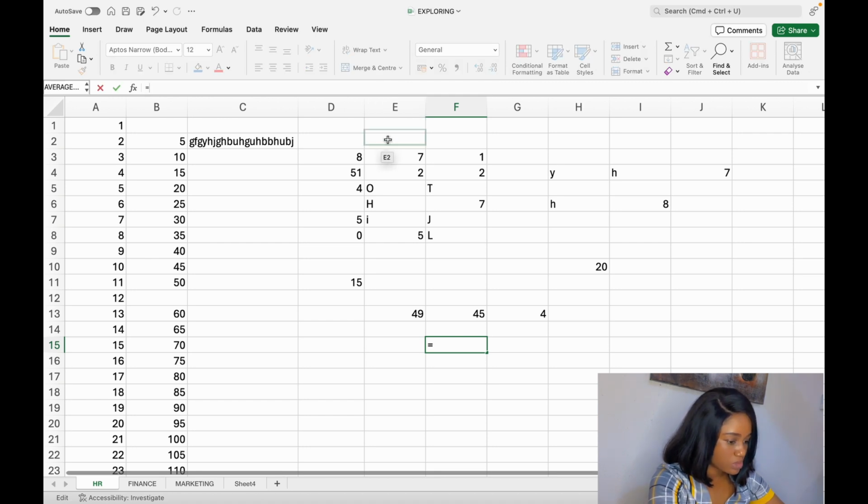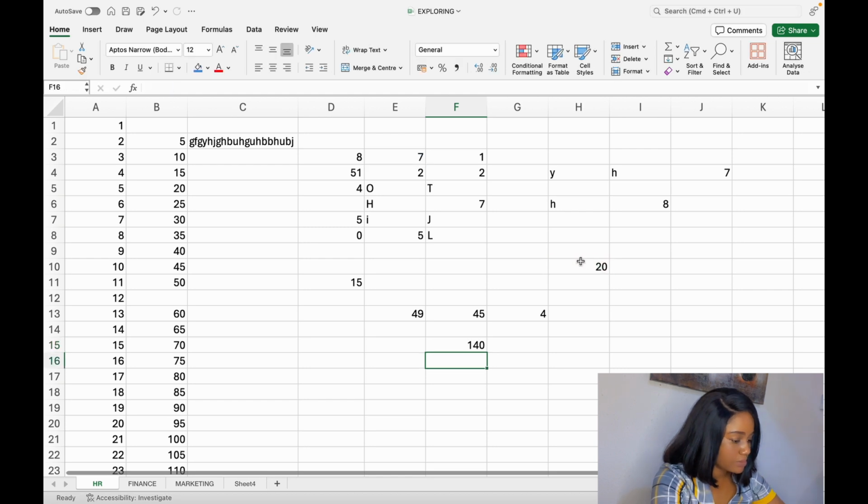Choose the cells, which is E3 multiplied by H10, and then enter. I have 140, which is 7 by 20, and that will give us 140. E3 by H10 gives us 140.